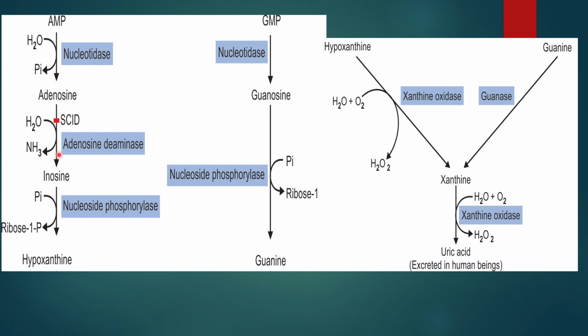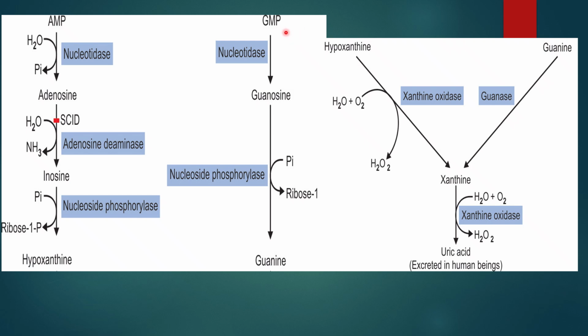Then, in the presence of the enzyme ADA, adenosine deaminase, adenosine is converted to inosine, and this inosine, in the presence of the enzyme nucleoside phosphorylase, is converted into hypoxanthine. So this is how there is a conversion to hypoxanthine.